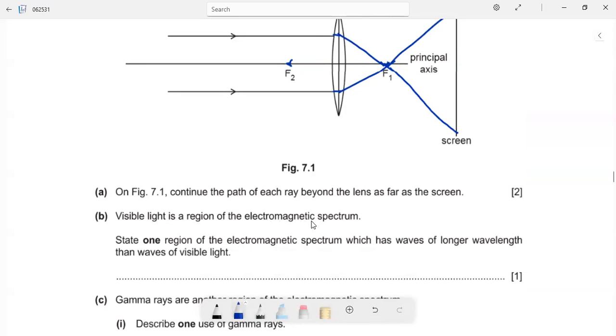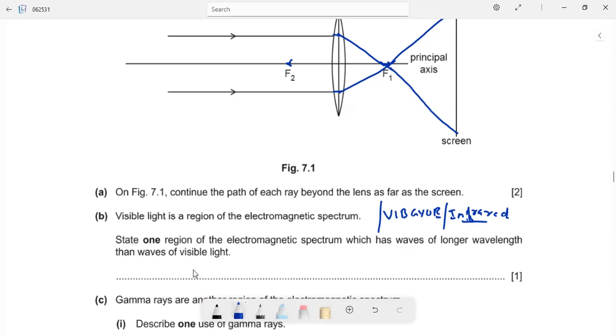Visible light is a region of the electromagnetic spectrum. State one region of the electromagnetic spectrum which has waves of longer wavelength than visible light. So after visible light, that is VIBGYOR, next to red we'll have infrared rays. It has more wavelength than visible light.